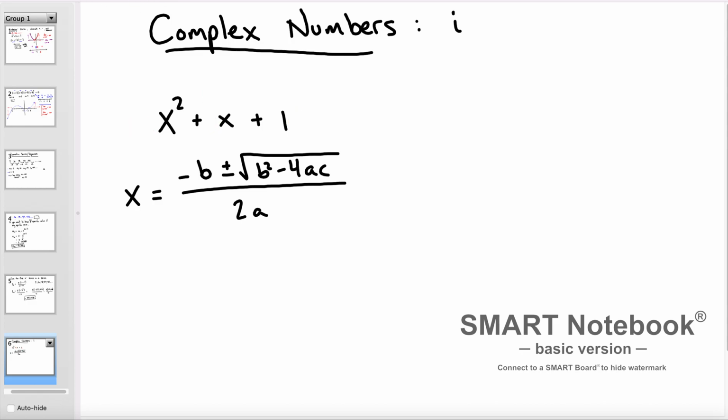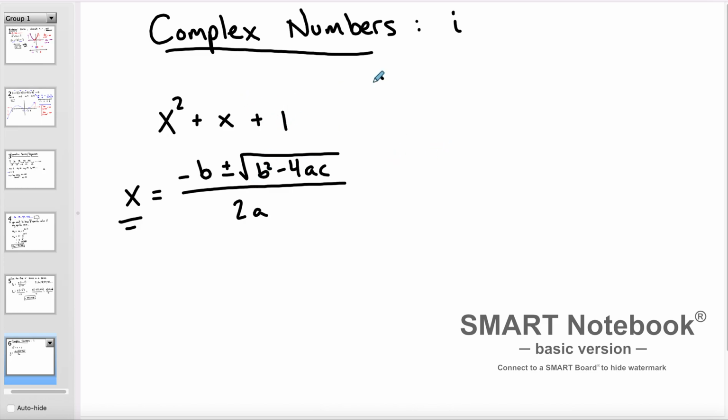So we've run into an issue. We don't know how to factor this. Fortunately, we have the quadratic formula, which will tell us where this graph crosses the x-axis, right? Where those x values are. And we just need to plug in our a, our b, and our c values in order to calculate it, right?